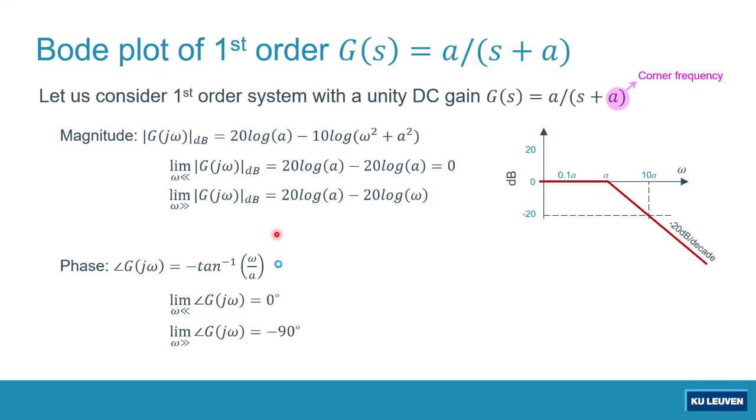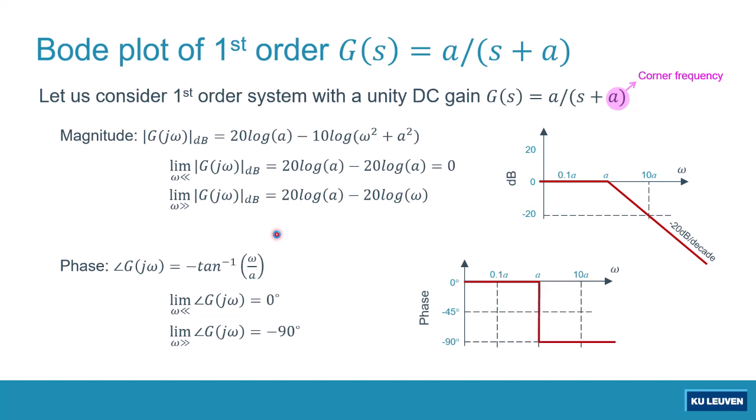The straight line sketching of this phase plot, then, will be 0 degrees for the low frequency region below the corner frequency of a, and negative 90 degrees at the high frequency region above the corner frequency of a. This is how we derive the straight line sketching of the Bode diagram of a first order system.